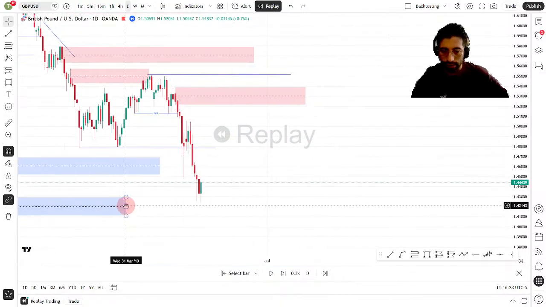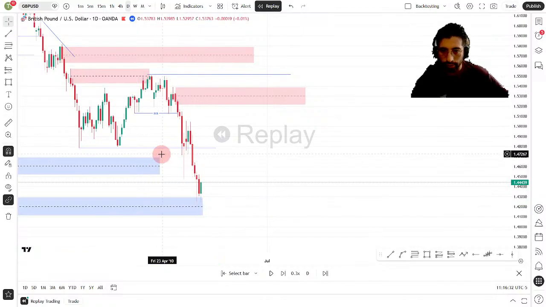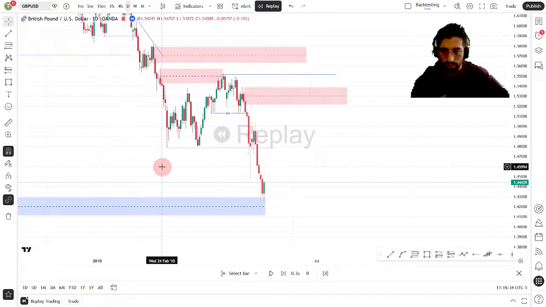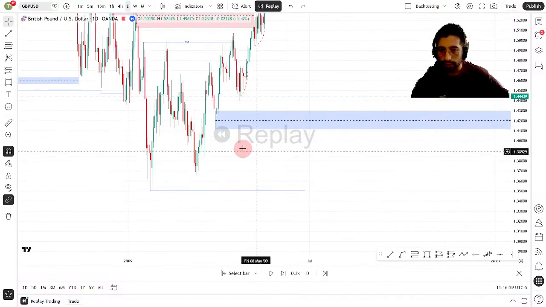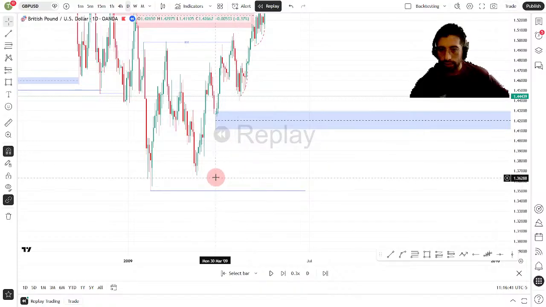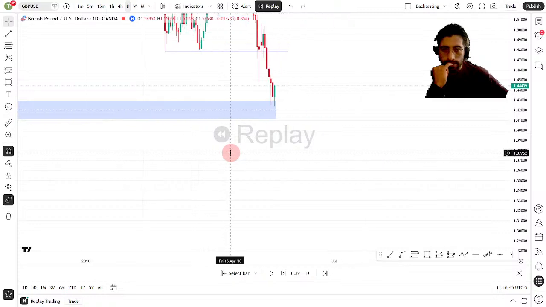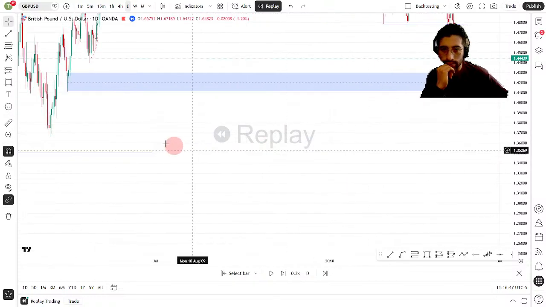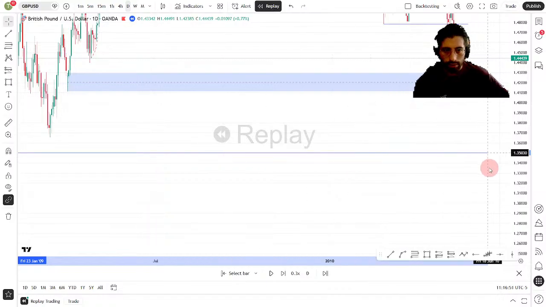Now we have this potential retracement point or liquidity. All right, not so sure. Maybe it could be broken as well. Yeah, here.